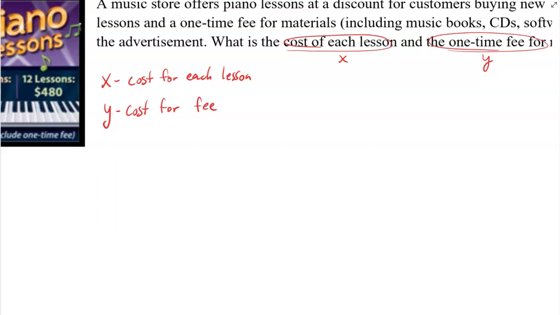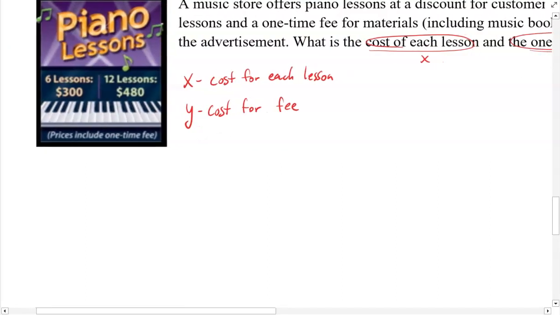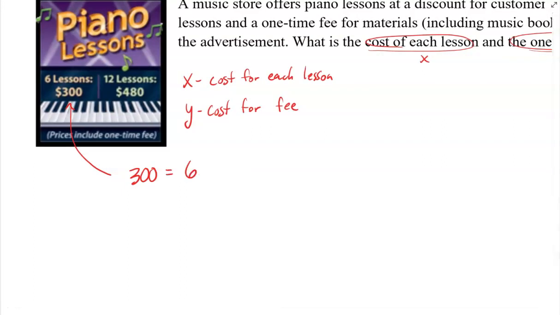Now that starts to make a little bit of sense to me, because if I look at this flyer, I see that $300 is the total cost if I get 6 lessons, so 6 times the cost of each lesson, plus y, the unknown fee. So whatever 6x plus y is, that's going to end up equaling $300.